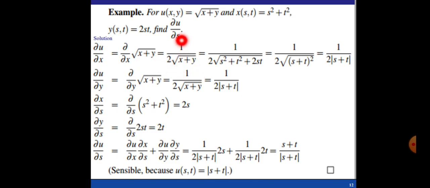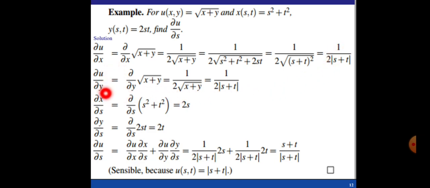So derivative of x is 1, and y, its derivative is 0 because we are working here with x. So you can write 1 over, substitute x and y, here x is s squared plus t squared and y is 2st. Substitute here by x and y, and you can simplify your problem, and finally we have 1 over 2 square root s plus t all squared, and finally we have 1 over 2 absolute s plus t.